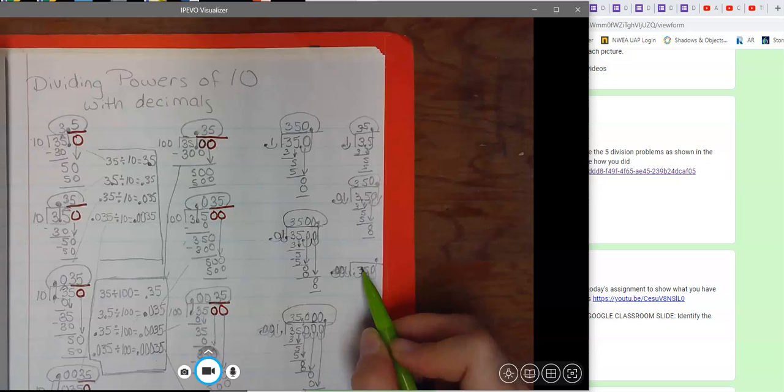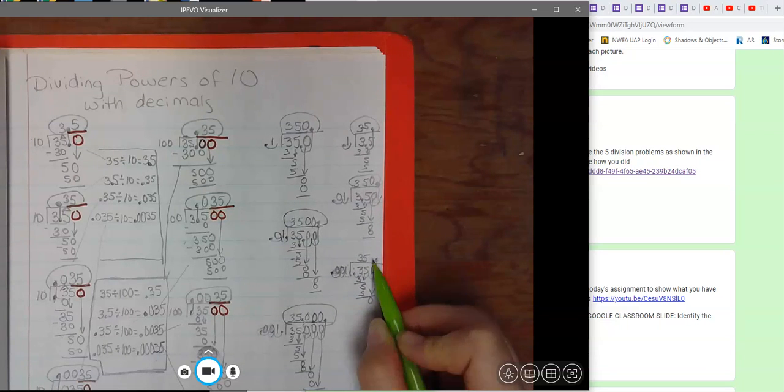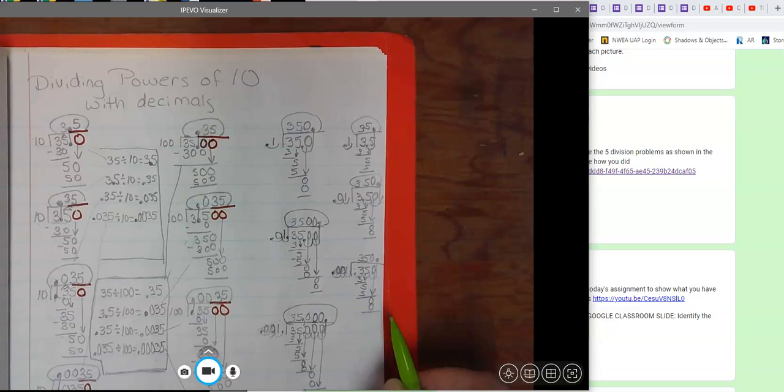Ignore those and divide. 3 times 1 is 3. Bring down the 5. 5 times 1 is 5. Bring down the 0. 0 times 1 is exactly 0.